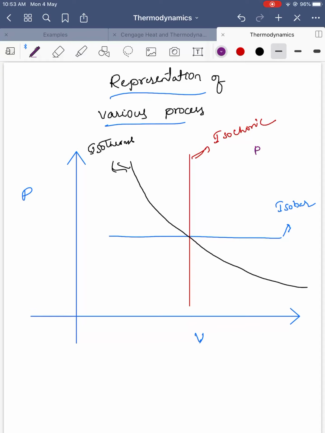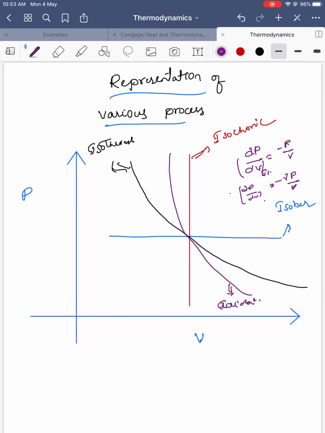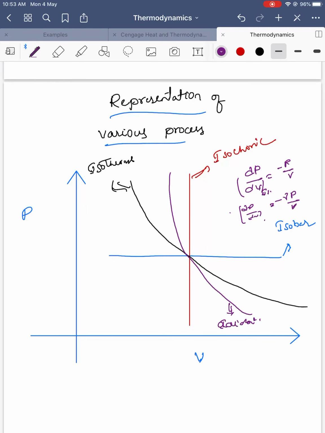If you remember, PV^gamma is constant, so the slope dP by dV for isothermal is minus P by V. For adiabatic, it is minus gamma P by V. So the slope will be more than isothermal. It's not a straight line, but it proceeds to here. This is the adiabatic graph. This is the pressure versus volume graph for the different processes.